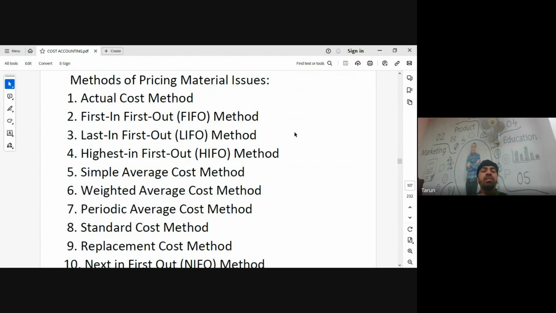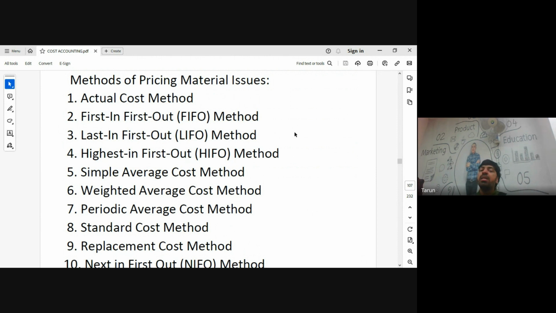The first one is the actual cost method. The second is the FIFO method, first in first out: the material received first is issued first. Then LIFO, last in first out: whatever came last is issued first. Then HIFO, highest in first out: the units with the highest price are issued first. Then simple average cost method, weighted average cost method, periodic average cost method, standard cost method, replacement cost method, and NIFO, next in first out.